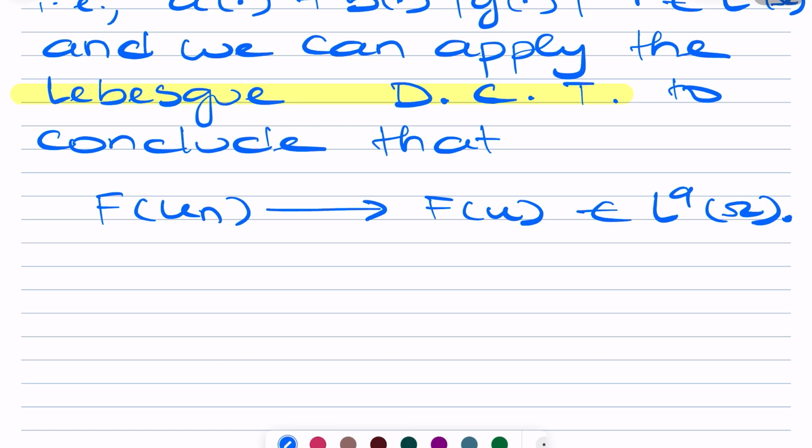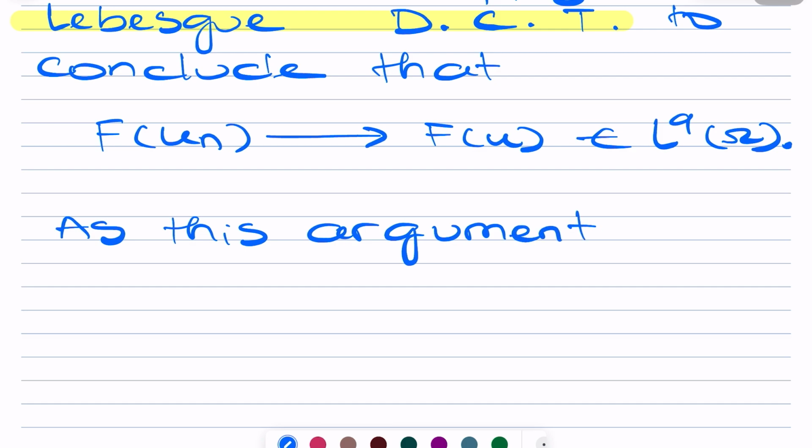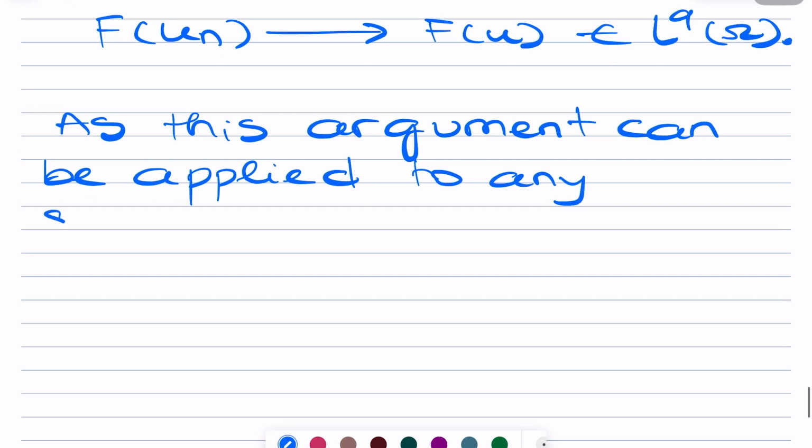So let me write here: this argument can be applied to any subsequence of the sequence f of un.